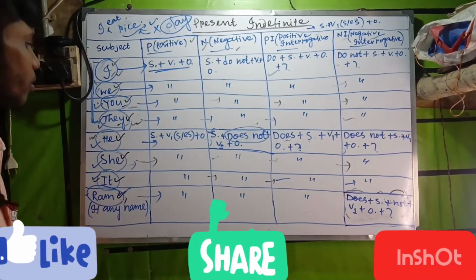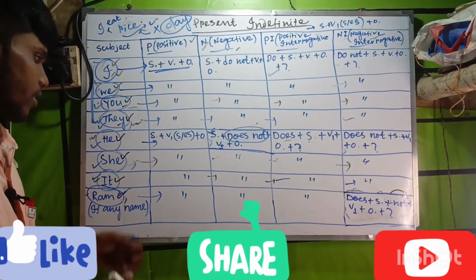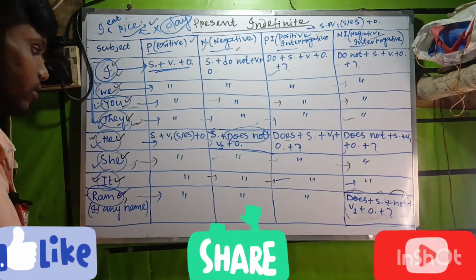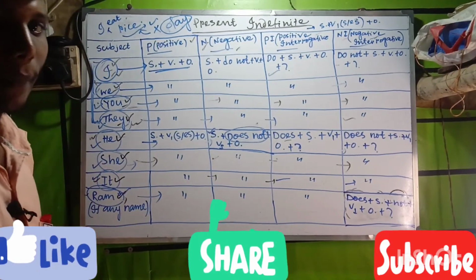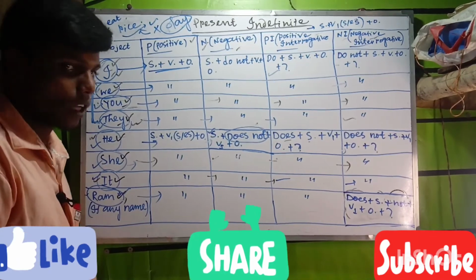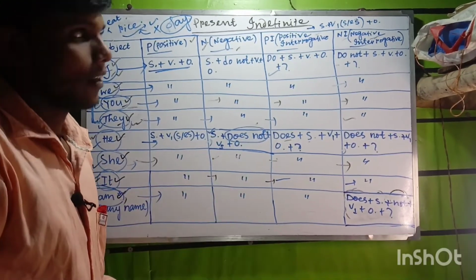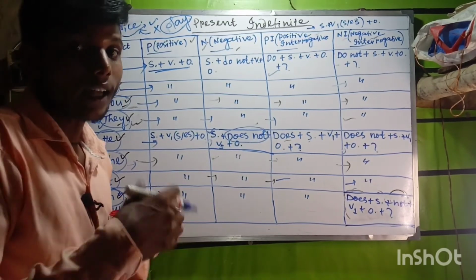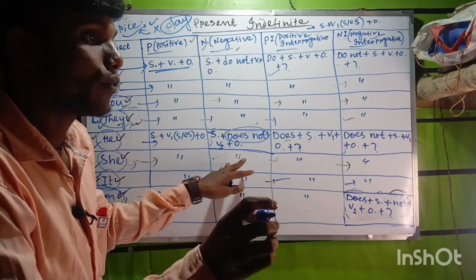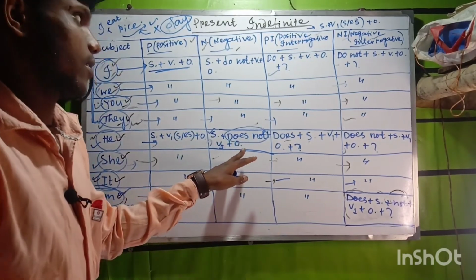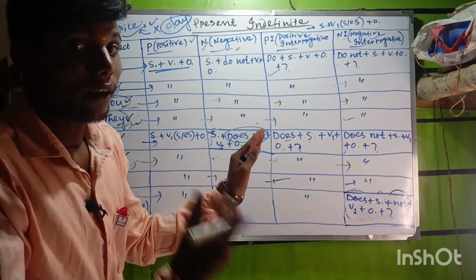She plays. If I extend, she plays table tennis. She plays volleyball. She plays badminton. She plays chess, etc. She doesn't play. And the negative is she doesn't play. If I extend, she doesn't play football, she doesn't play volleyball, etc. And the positive interrogative, does she play volleyball?